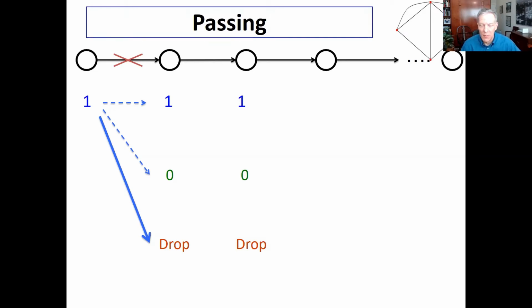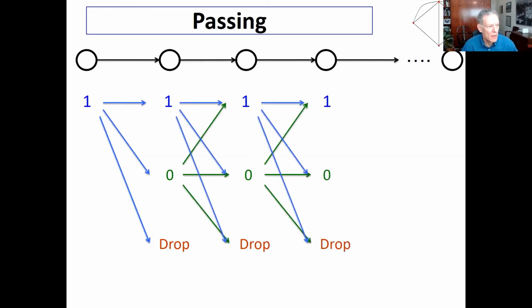It'll never reappear. So dropping just kills the message. But otherwise, it can mutate back and forth between 0s and 1s. And so effectively, over time, there's some chance that by the time it gets to the final receiver, it's still a 1, still a 0, become a 0, or it's been dropped.